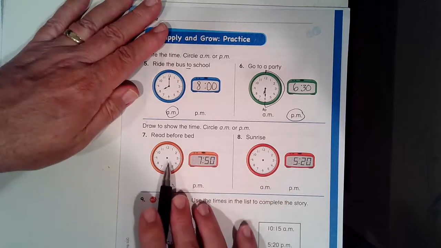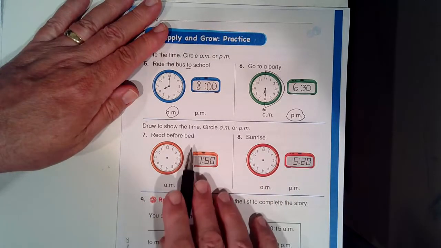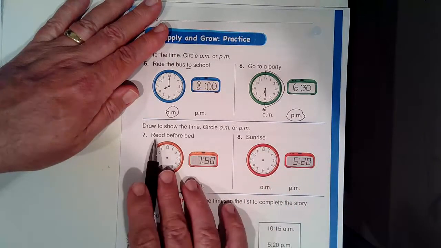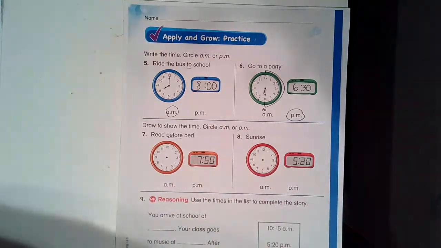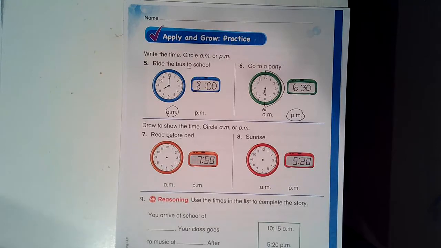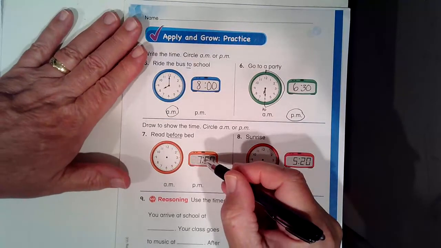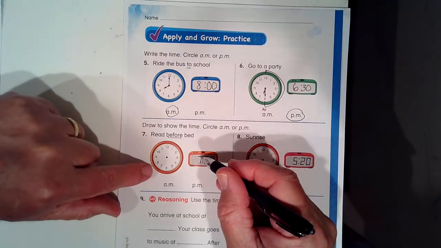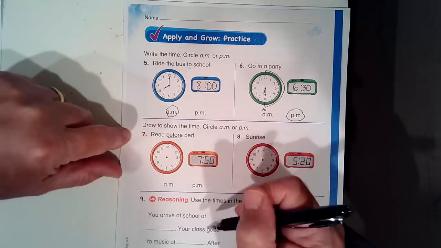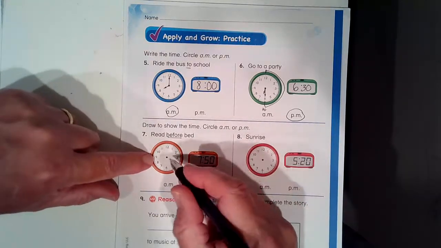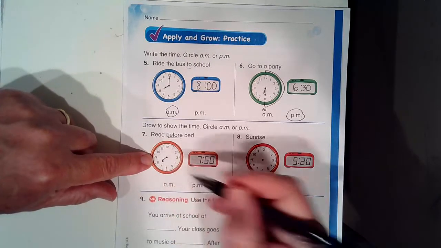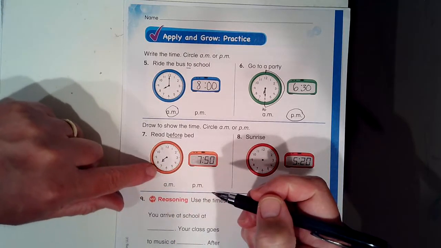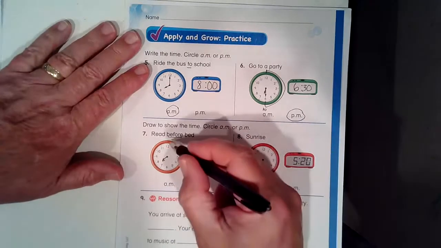Same thing. Draw the time and then circle AM or PM. Read before bed. That means as we're going to bed, we do some reading. Let's see. We will have 7:50. I'm going to point my hour between the 7 and the 8. All right.